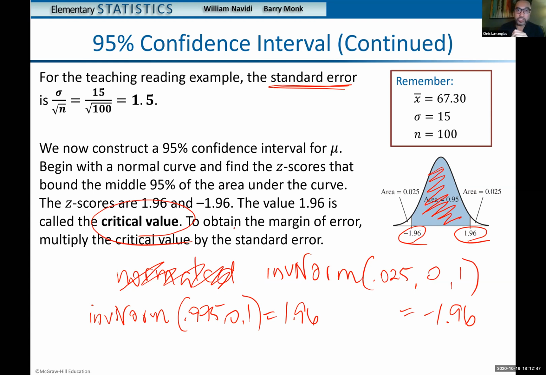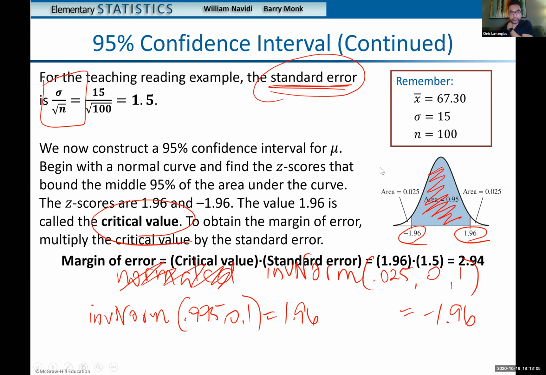And you know how to get a standard error, which is standard deviation over square root of n. So to get the margin of error, you just have to multiply the critical value and your standard error. So margin of error is 1.96 times 1.5 is equal to 2.94.